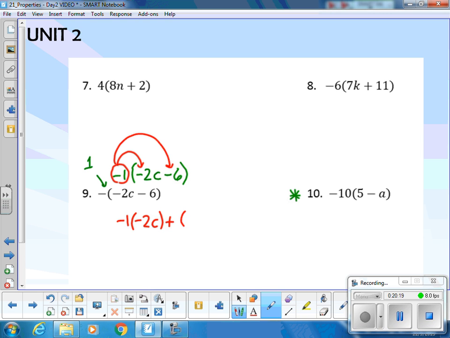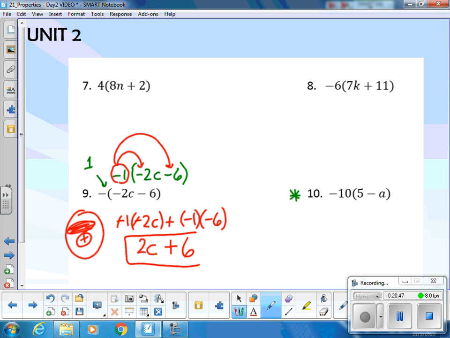And then there's the -1 and a -6. A negative times a negative is a positive. 1 times 2 is 2. C tags along. So those negatives, remember our integer guy? Negative times a negative is a positive. And we have a -1 times a -6. Again, that's going to change to a positive. 1 times 6 is the identity property. It stays 6. So that's how you're going to do that one.